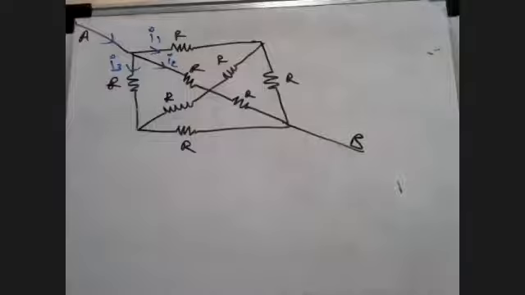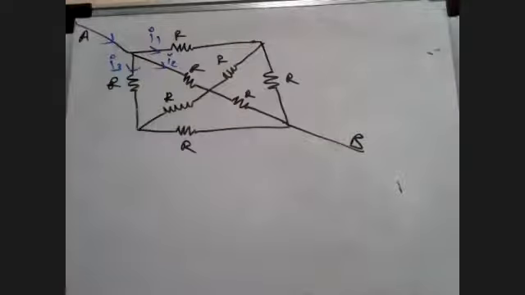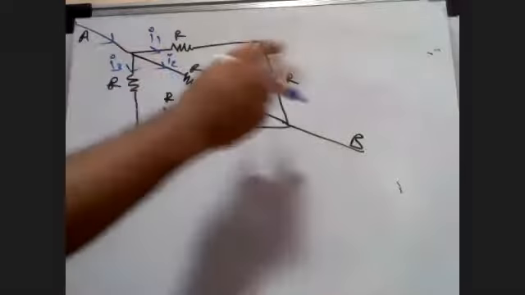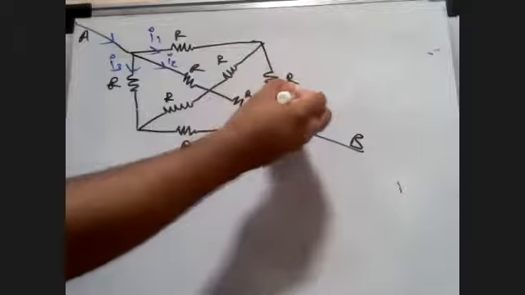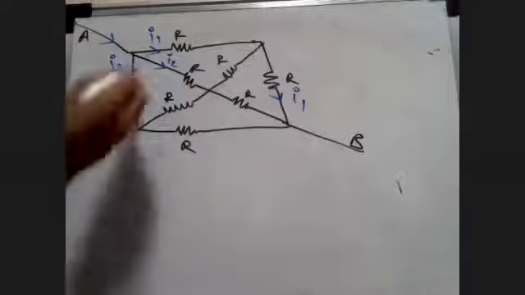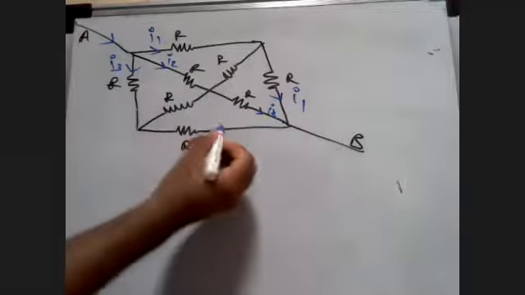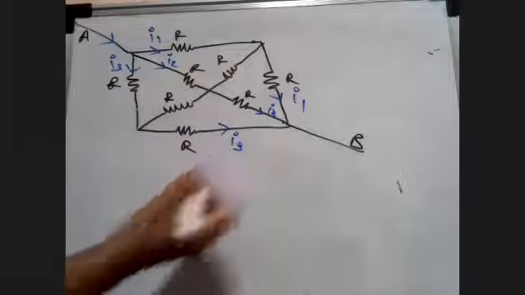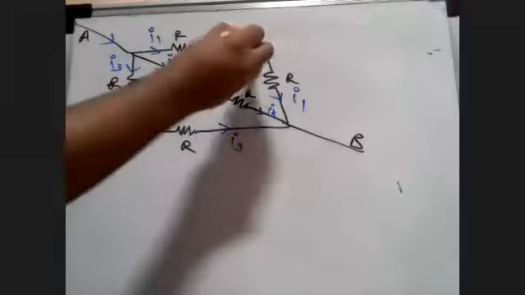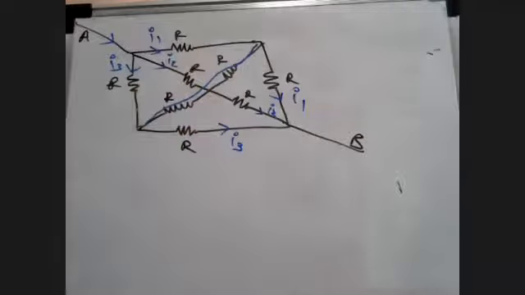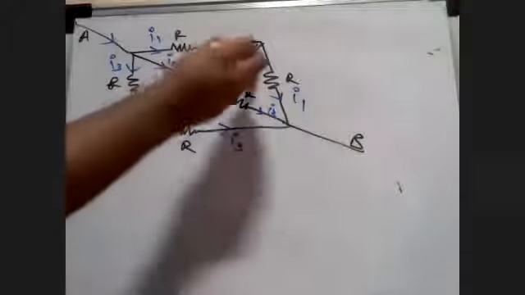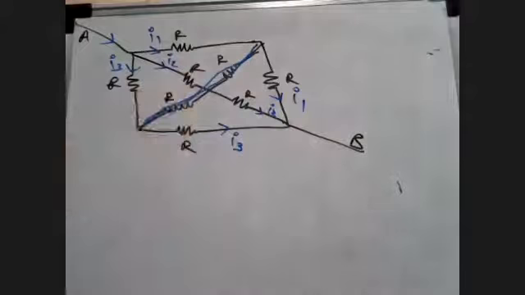And because of the symmetry of this, the current passing through this branch will be the same I1. Here, I2 is going to be I2, and here I3 will be I3. So which branch is being neglected? This entire branch is being neglected by the current.